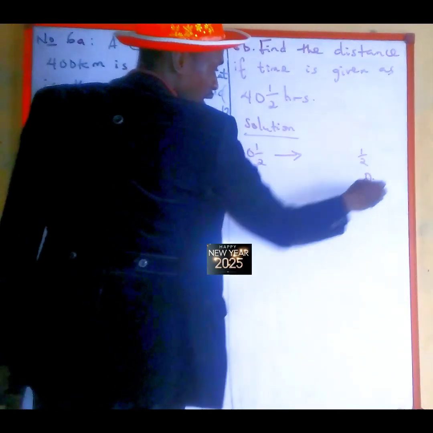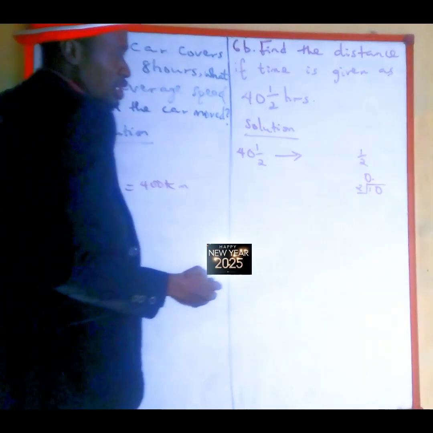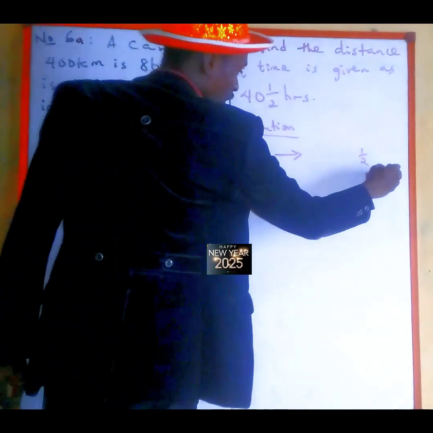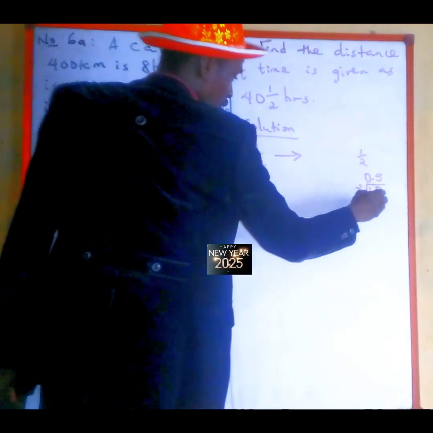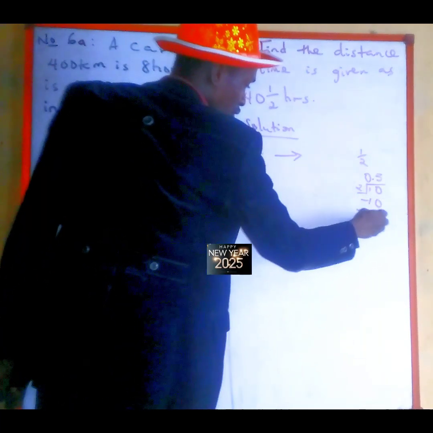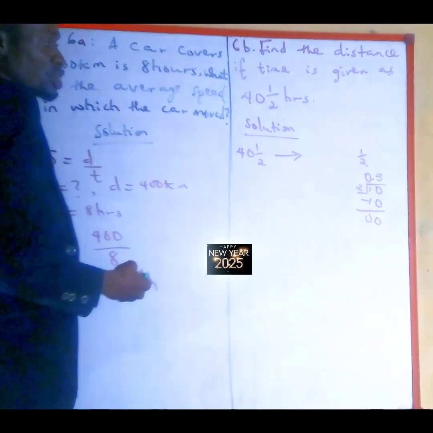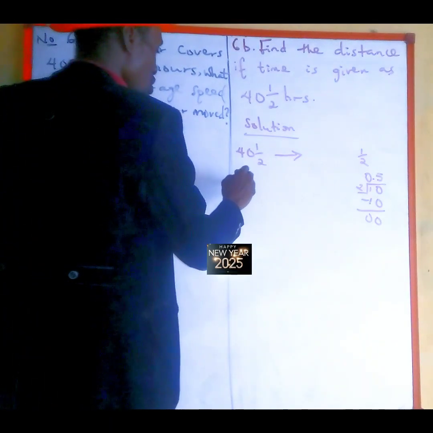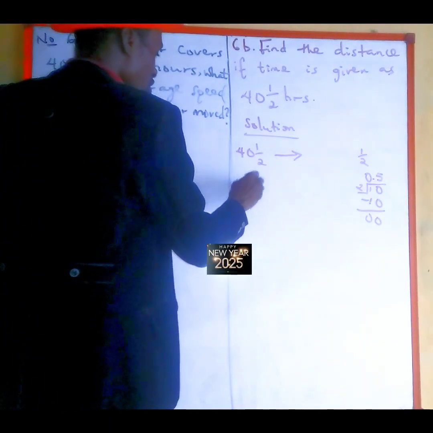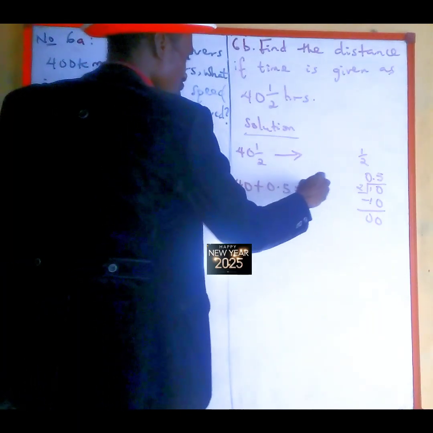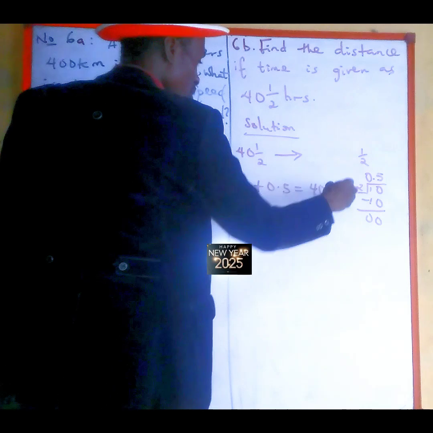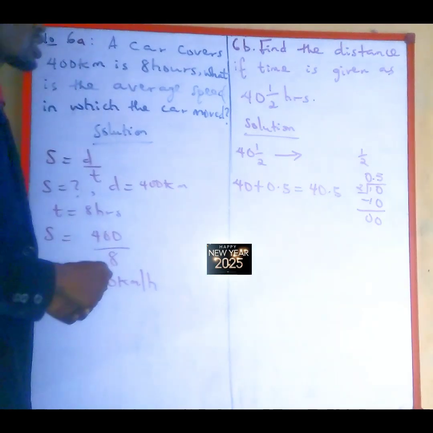I put 10 here, making it 10. 2 into 10 will go 5 times. 5 times 2 will give me 10, remainder 0. That is 0.5. So we can say 40 plus 0.5 is equal to 40.5. Alright, so we've done that conversion.